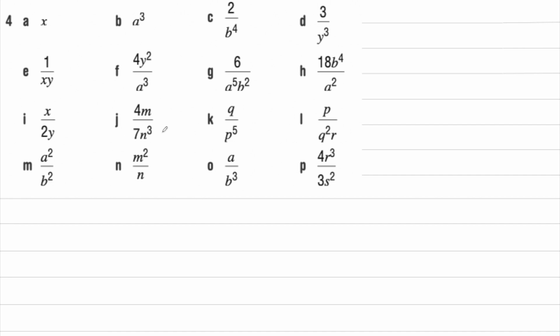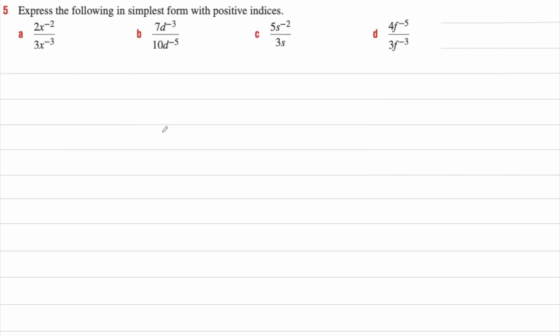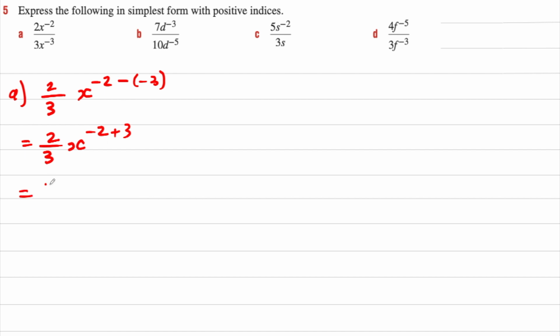Yeah, that's it. For question 5, positive indices, I will convert from the numerator position to the denominator position. For this writing, it's quite easy when I take subtraction between these two power numbers. Minus 2 minus 3, this becomes 8 to the power of minus 2 plus 3, and then 2 over 3 times x to the power of 1.